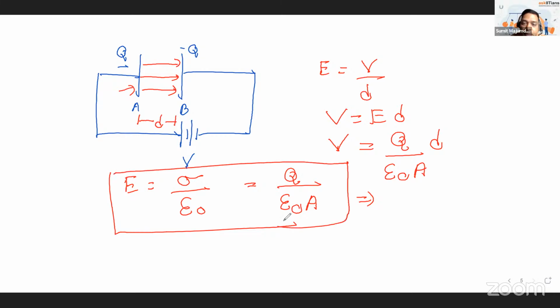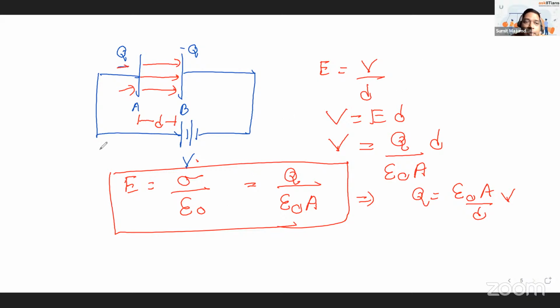This is the electric field for a set of parallel plates. Using this, if we rearrange this part, can we write it as Q equals epsilon naught A by D into V? We already know that the charge on each plate depends upon the potential difference that we have applied.